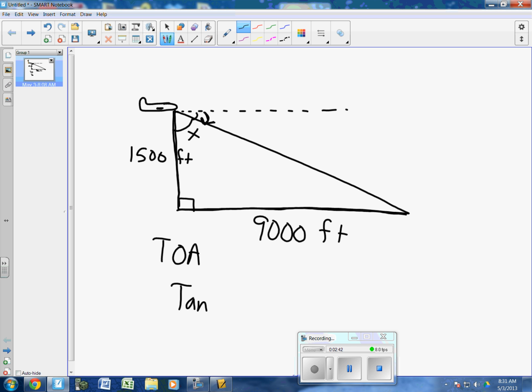So tangent of x equals 9,000 over 1,500, right? And whenever you're looking for an angle, how do you put it in your calculator? Okay, you do second tangent. If you're looking for this angle right here, it's 9,000 over 1,500. If you're looking for this angle, by the way, this angle and the angle of descent are the same. Why?